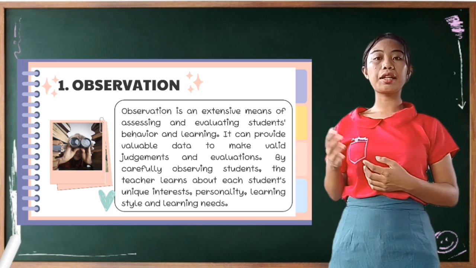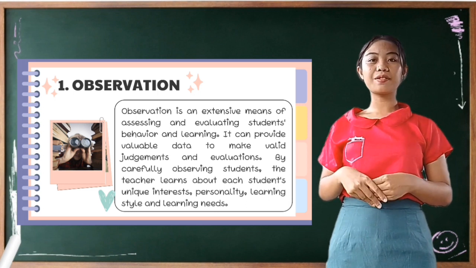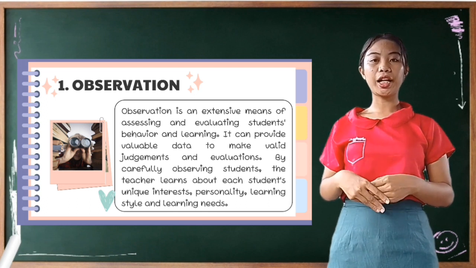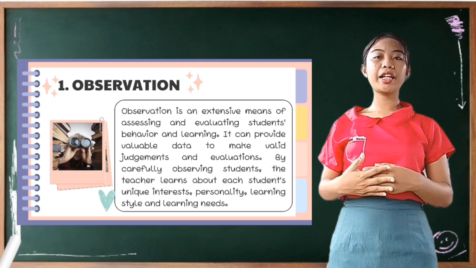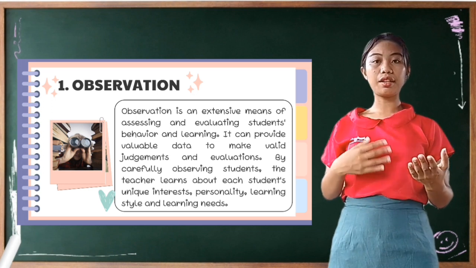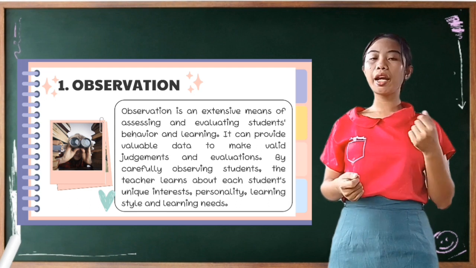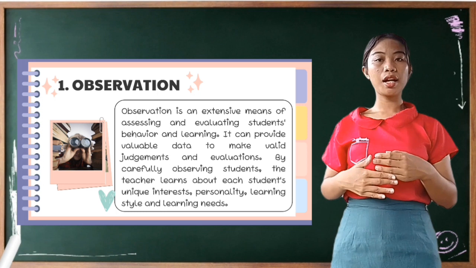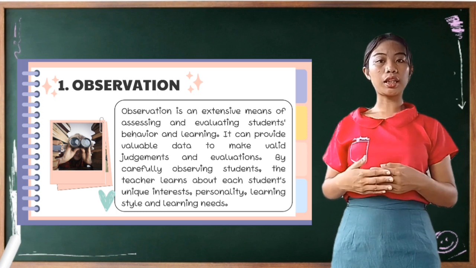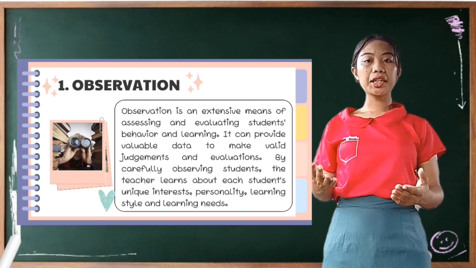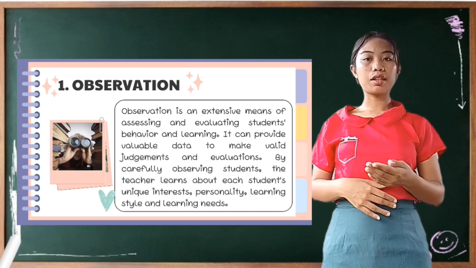Observation is an extensive means of assessing and evaluating students' behavior and learning. It can provide valuable data to make valid judgments and evaluation. By carefully observing students, the teacher learns about each student's unique interest, personality, learning style, and learning needs.